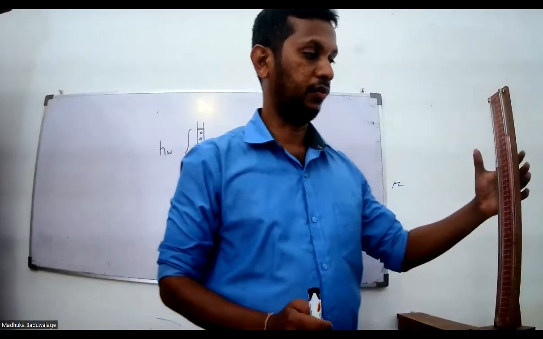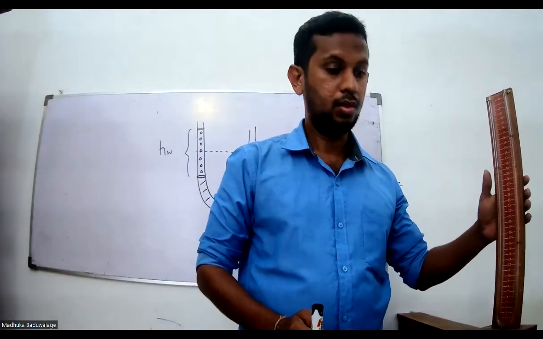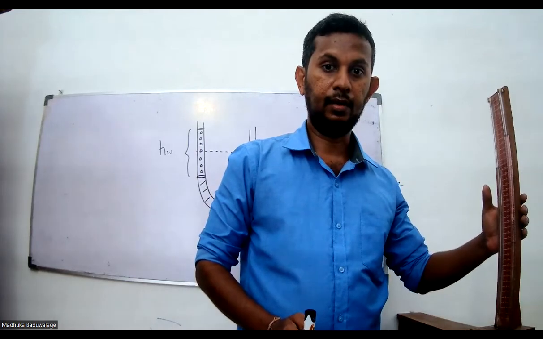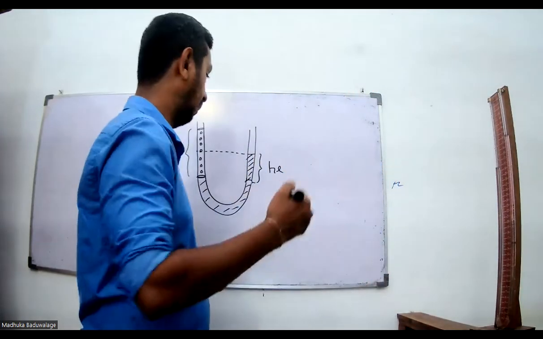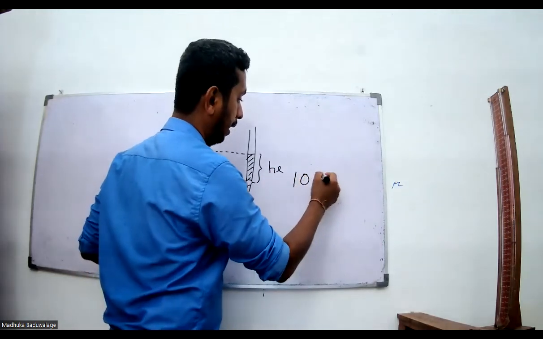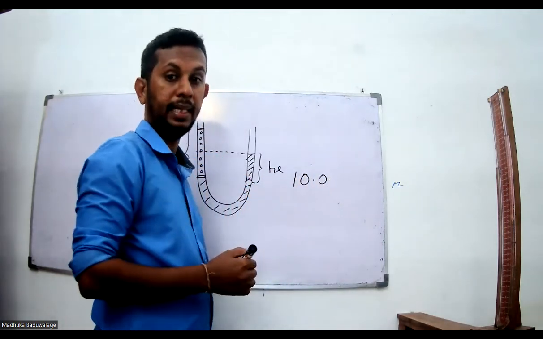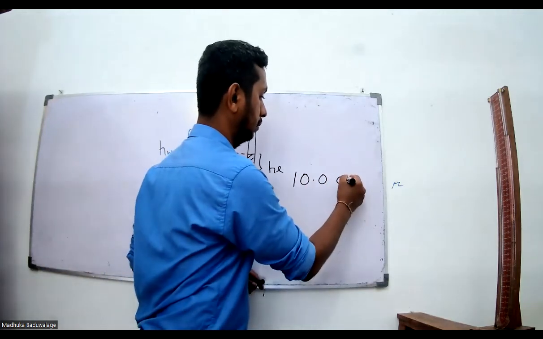The least count of this ruler is 1 millimeter. To minimize the fractional error to a percentage less than 10%, the minimum reading is 10.0 or above. The minimum reading is 10.0 centimeters.